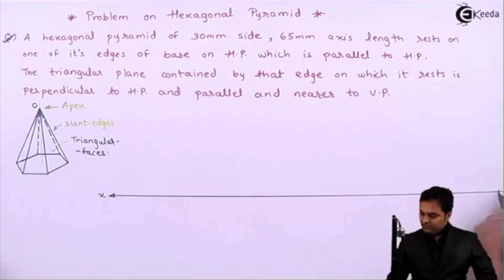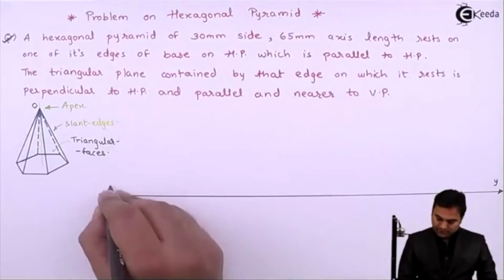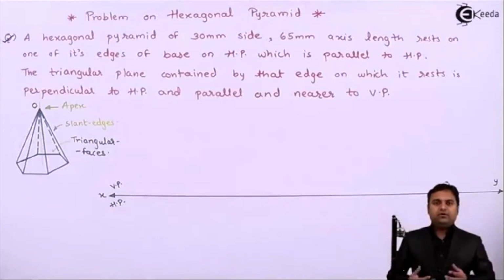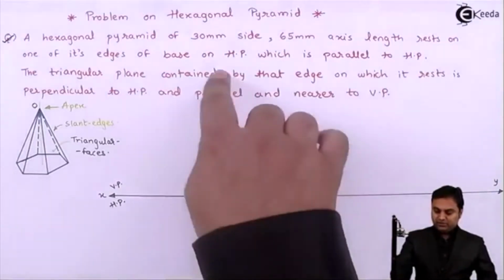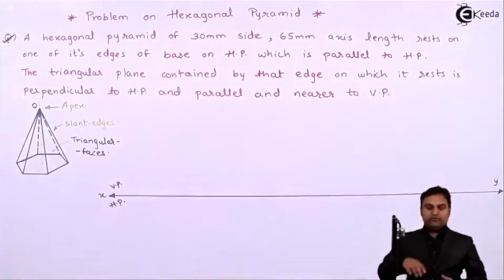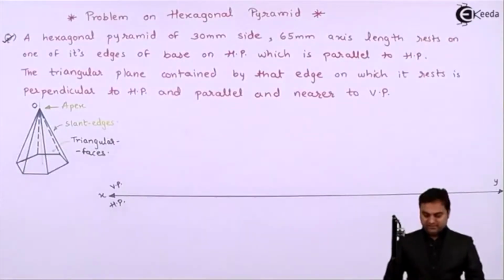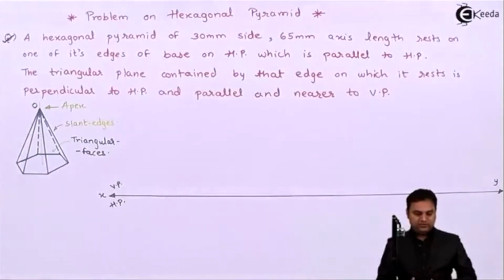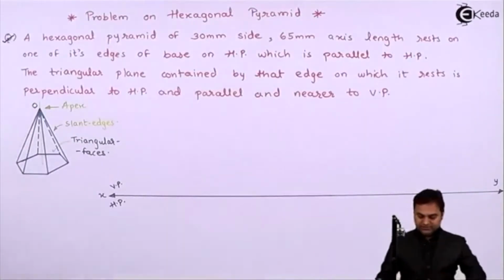So here we have XY line, VP, HP, vertical plane, horizontal plane. And since it is given that the hexagonal pyramid is resting on its base on HP, from the top view we are going to see the hexagon, and which is parallel to HP, means the base edges are parallel to HP. So for that I'll draw the condition here.